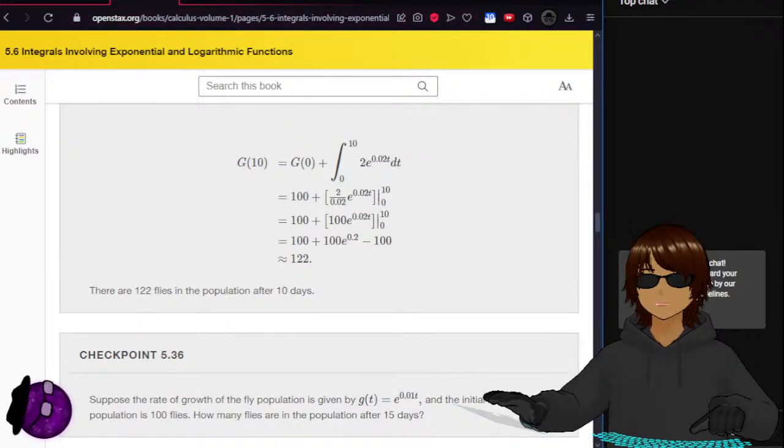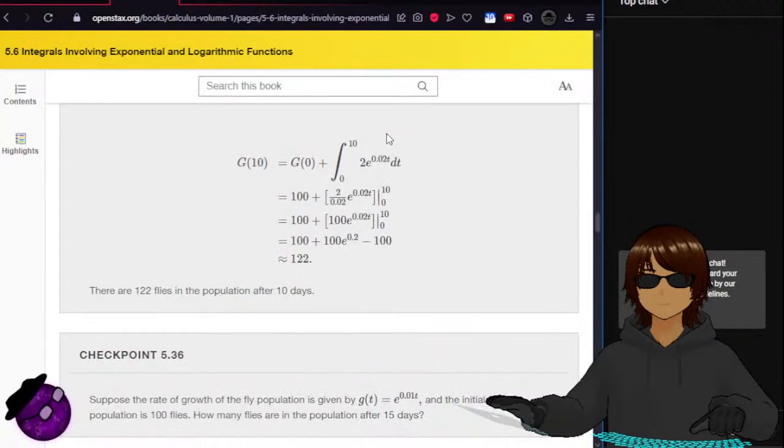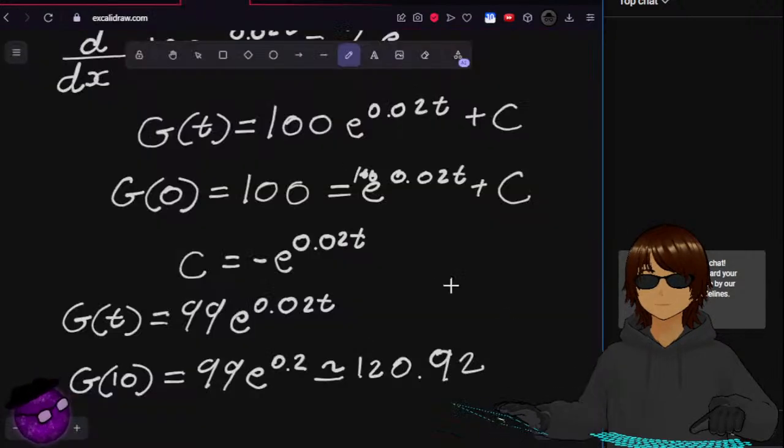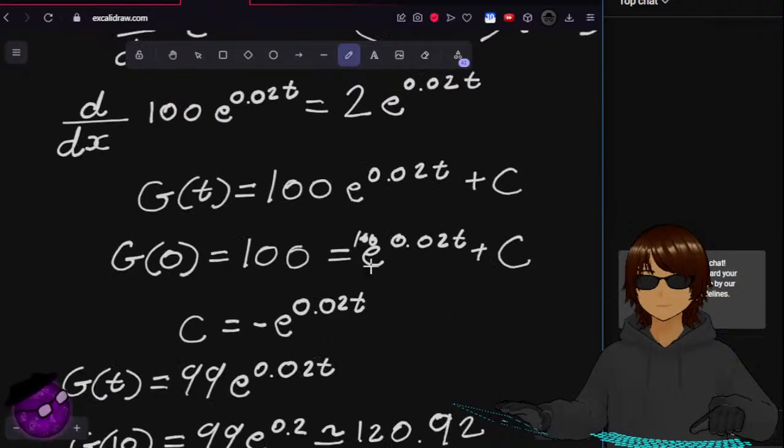How did they get 100 e to the power of 0.2? Wait, G(0), this is 0, so the entire thing becomes 1. It's 100, so C is 0.